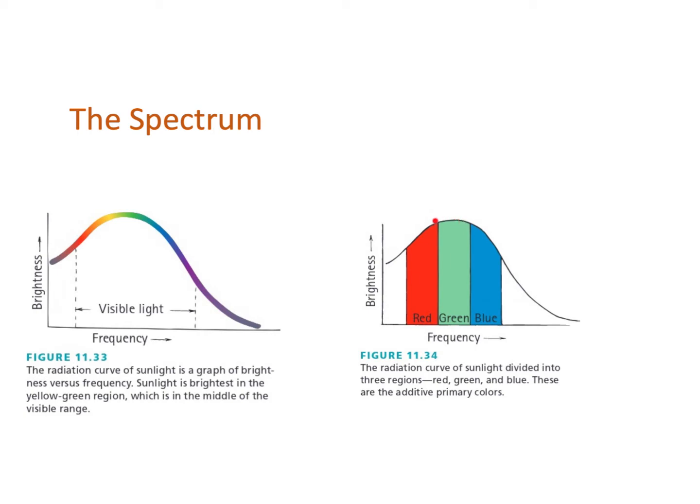But if the light was right here, both your red sensing cell and your green sensing cell would activate, and your brain would say, oh, there's some color that's a combination of red and green, and your brain would perceive it as yellow or maybe a reddish orange or something like that. And so you can see that by having different combinations of red, green, and blue, our brains can interpret what we see as a full range of different colors.